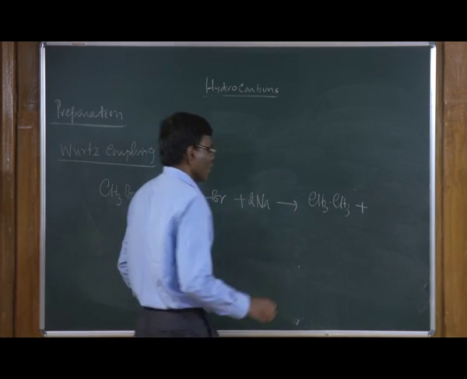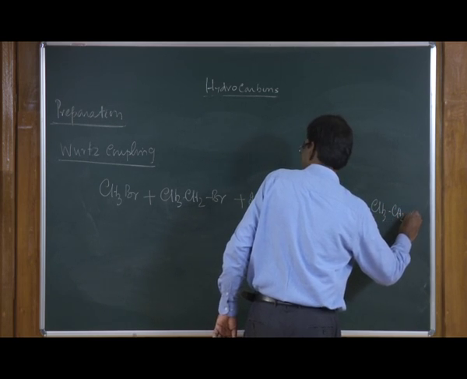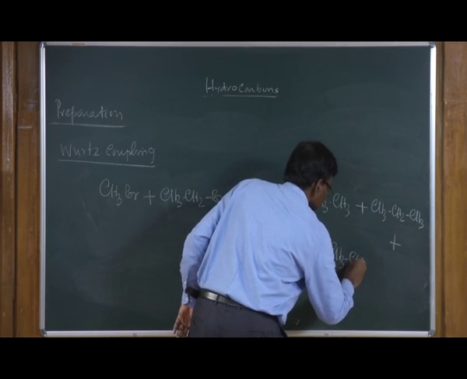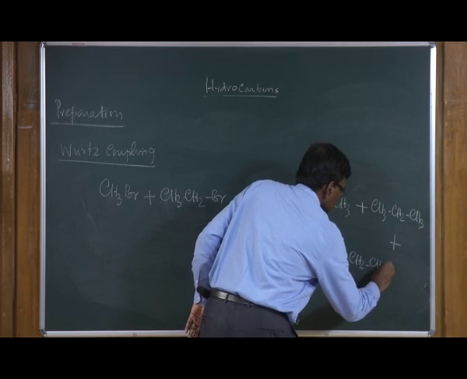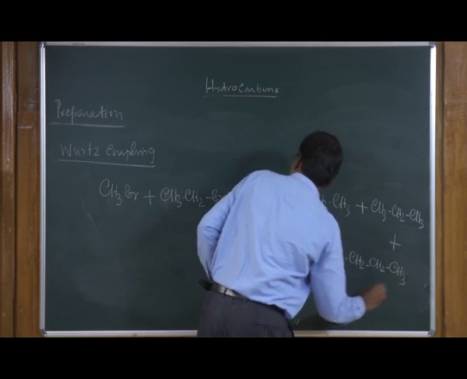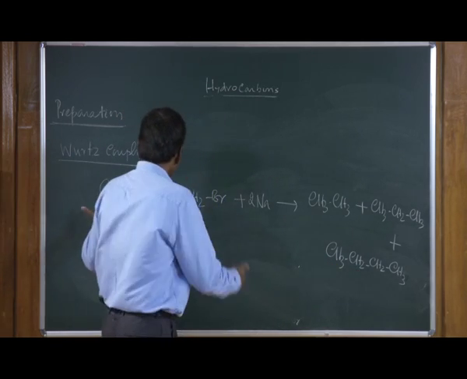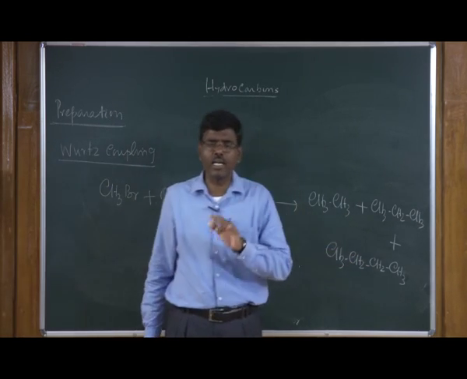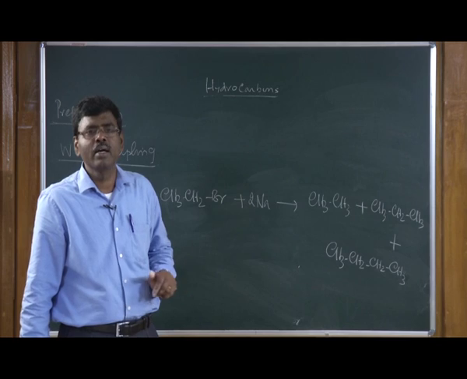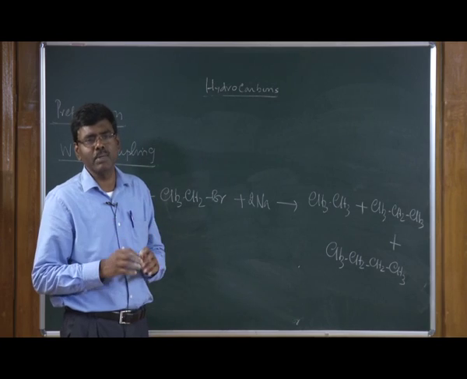In addition, these two molecules can react, and you generate butane, and if they couple together, you will get propane. So, you will end up with a mixture of 3 compounds: ethane, propane, butane. It will be very difficult to separate these hydrocarbons. Therefore, Wurtz coupling is very good to make symmetrical alkanes.